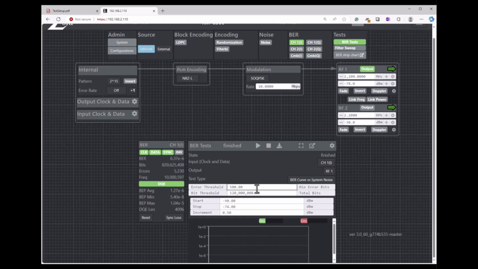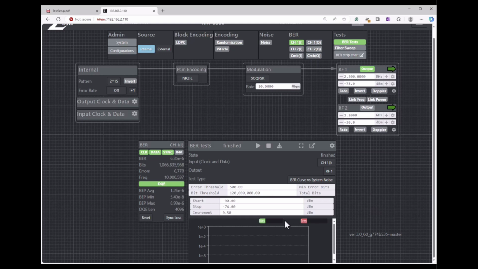I have set an error threshold of at least 500 bits in error to declare a valid point measurement. And we have a bit threshold of 120 million bits. Once we get to the very high signal levels, you want to call it off at some point, so we're calling it off at 120 million bits.